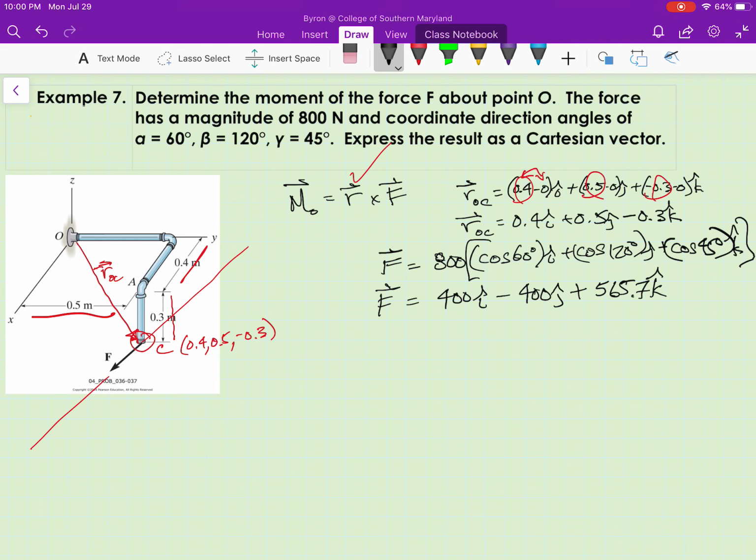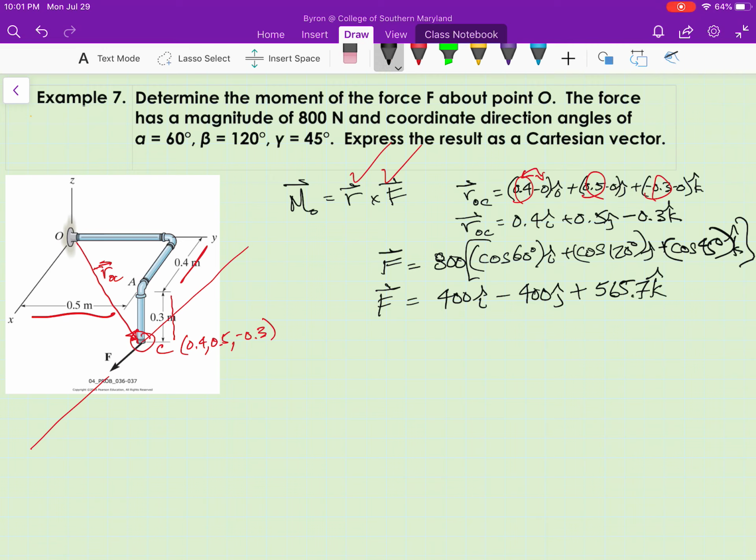You're storing all these numbers in your calculator to keep the accuracy of those intermediate calculations as high as possible and not rounding until you get to the final answer, just like in all of our previous problems. Okay, so we have F.